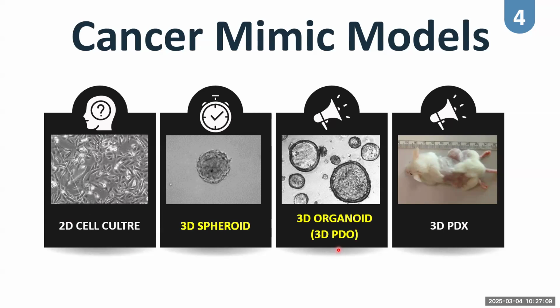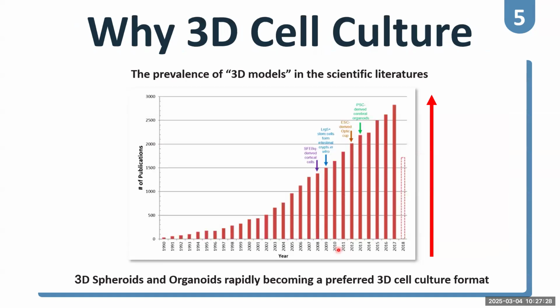Following this, my lecture would go through the 3D cell culture in more detail, but because of the lack of time, I will point to you just the 3D spheroid and also the organoid.